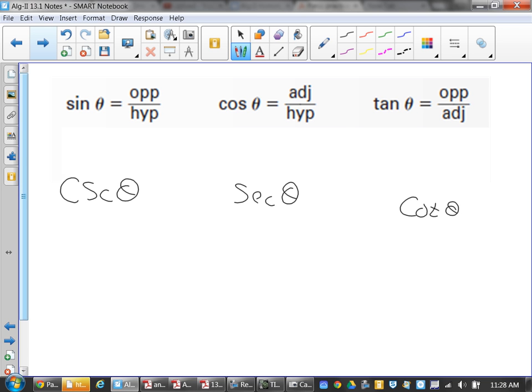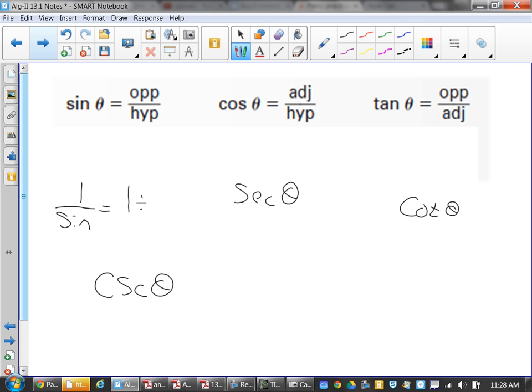What happens here is to get cosecant, you do 1 over sine. 1 over sine would be the inverse of sine. It's the reciprocal. If you do that, you know that it's 1 divided by the sine. Sine is what over what? Opposite over hypotenuse.